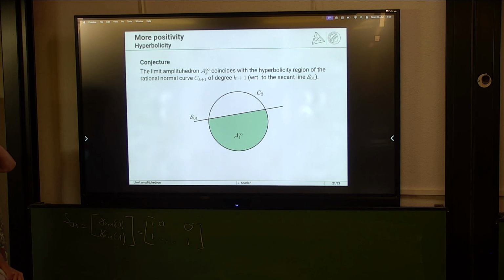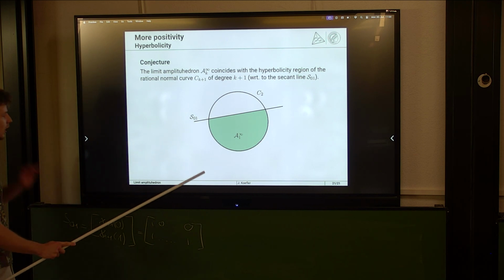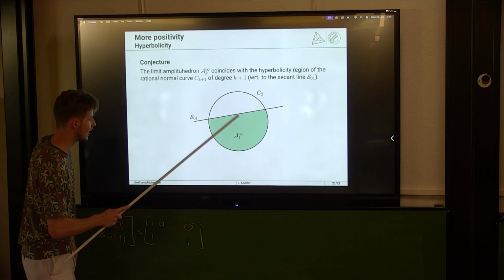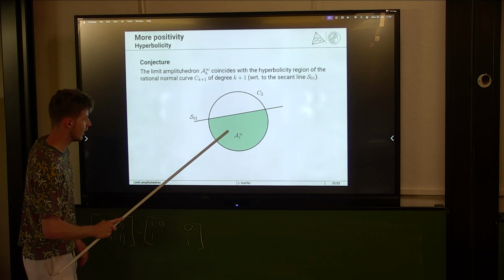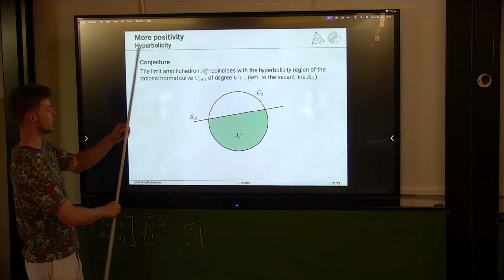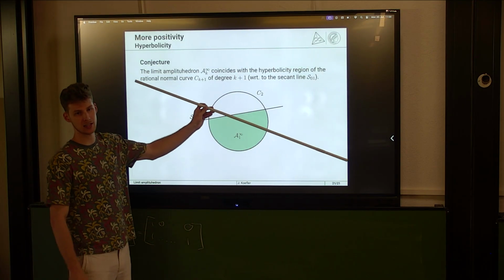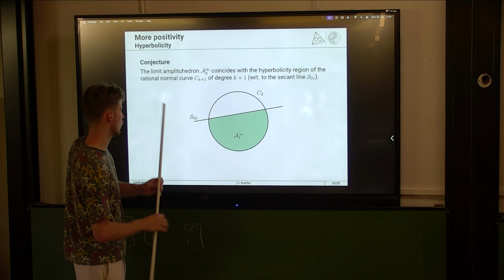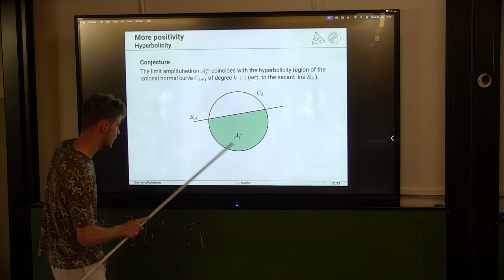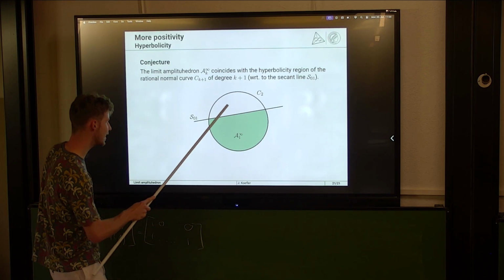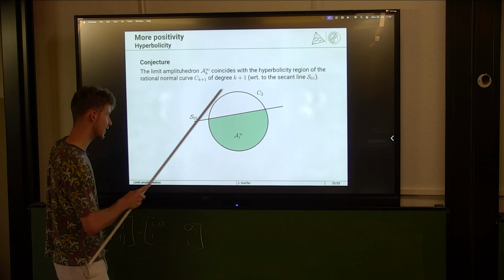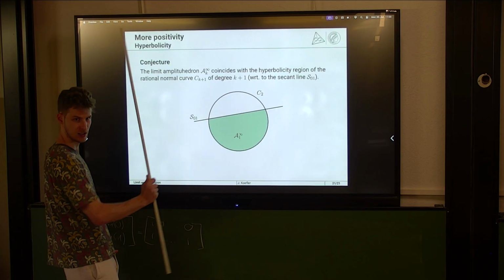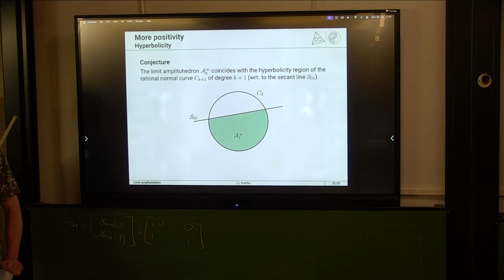And so in fact, being hyperbolic really just means that you choose a point inside the circle, and then any line through that point will intersect the circle in 2 real points. So, of course, if you just take the circle in general, then any point inside this circle will have this property.